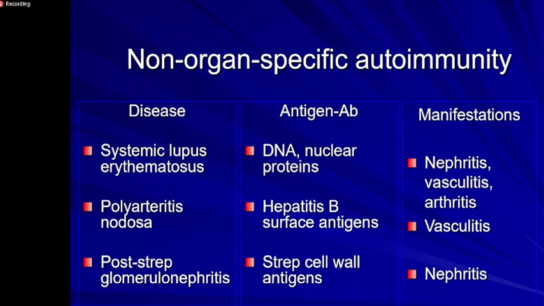Almost everywhere I've put -itis, which means inflammation. Because of lodging of the immune complexes, there will be inflammation. And because other cells will come and try to remove these immune complexes, there will be damage causing inflammation. So inflammation will be one of the signs that you do have an autoimmune disease.